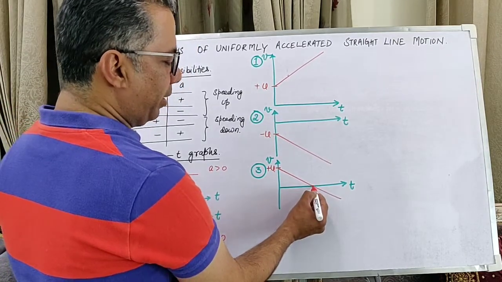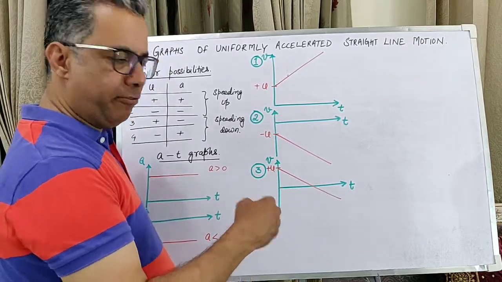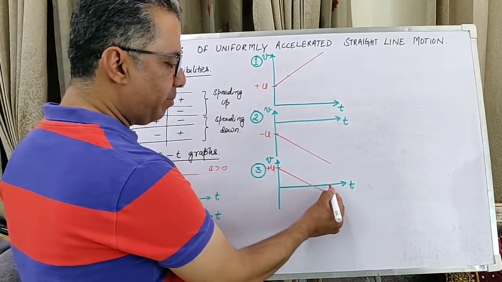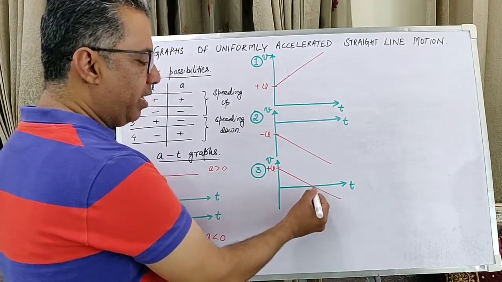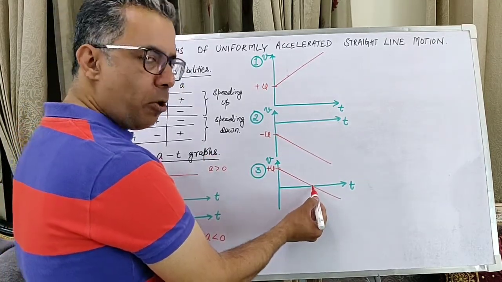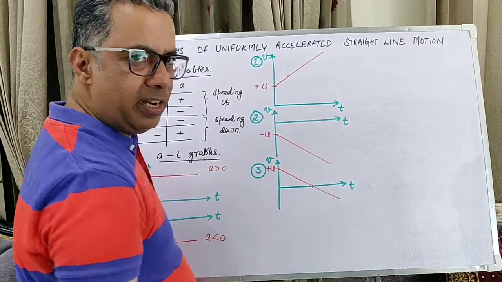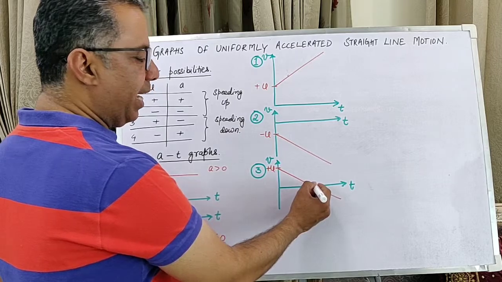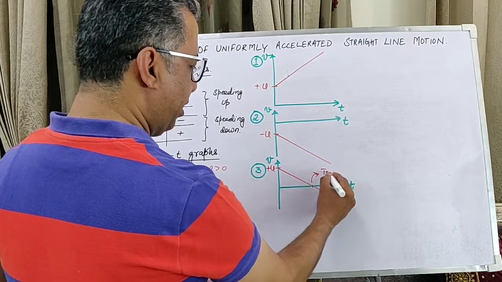At this point of time here, what has happened is the direction of velocity has reversed. Prior to this time, velocity was positive, and after this time the velocity is negative. So what was happening was, till this time particle was traveling in positive x direction. Over here it stops momentarily at this point of time and then reverses direction and starts moving in negative x direction because now the velocity is negative. So the particle has taken a U-turn over here, and therefore we choose to call this the turning point.